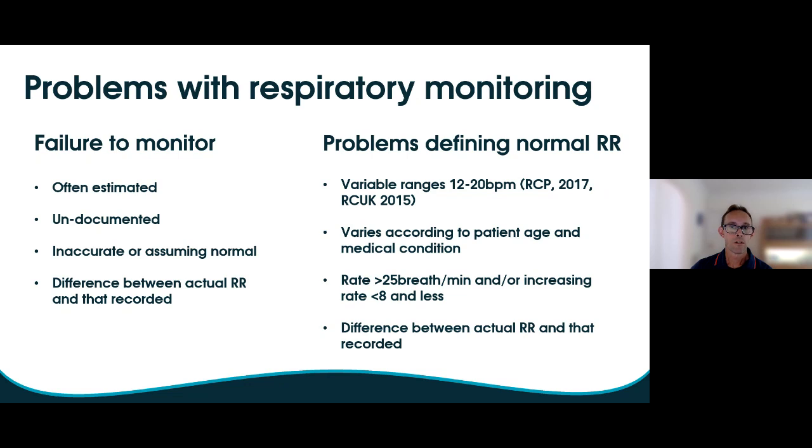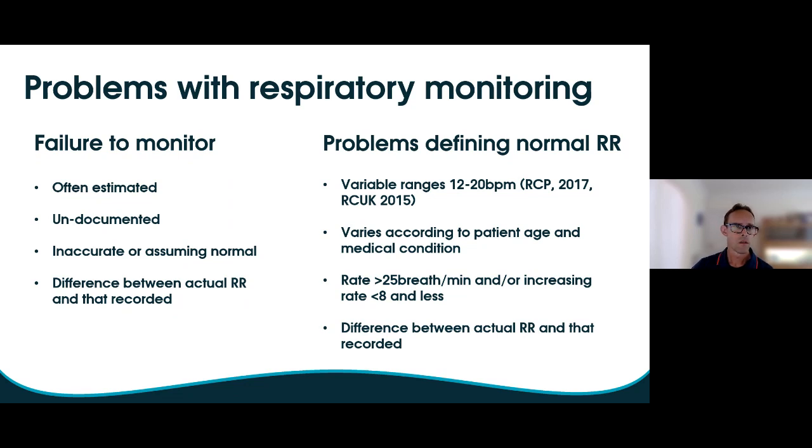Measuring respiratory rate is acknowledged to be a core nursing skill, yet evidence suggests it's an underreported sign and is often estimated by nurses. And why is this? Is this because the other vital signs can be monitored by a device, by a machine, and respiratory rate continues to be one of those vital signs that we need to monitor manually, although there are some electronic devices that will monitor respiratory rate?